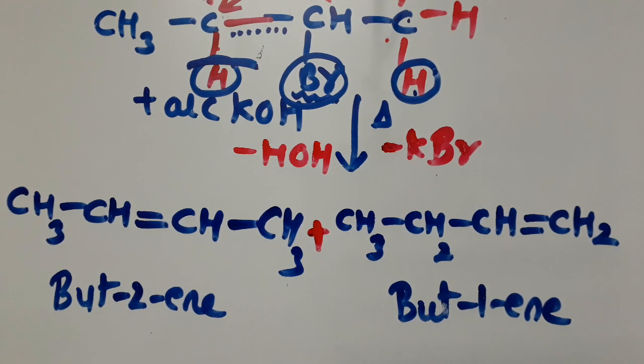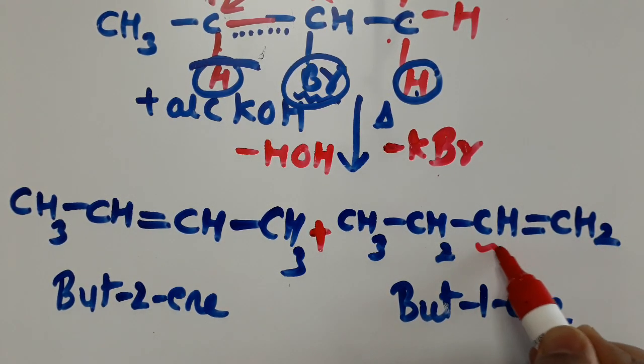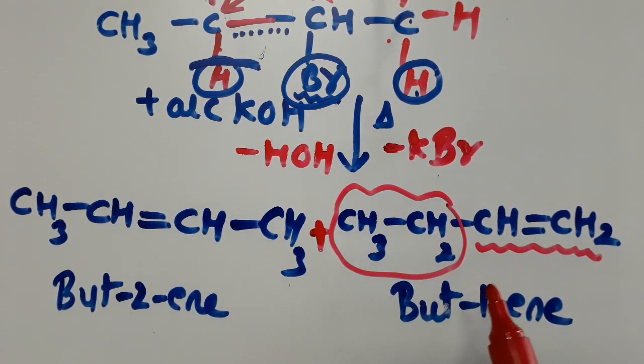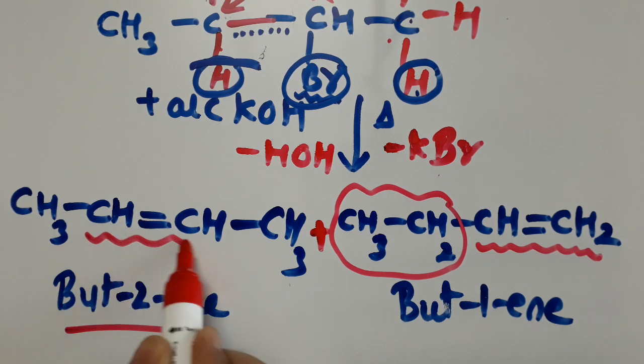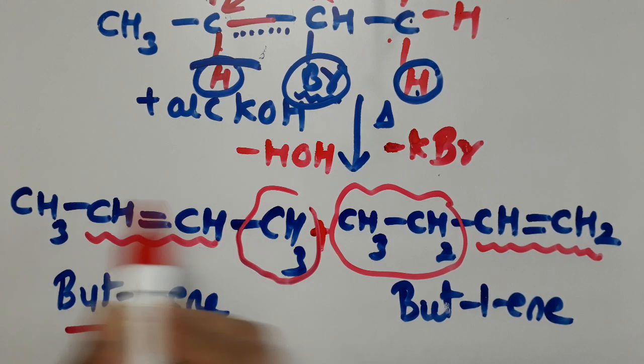In this case, in the first case, but-1-ene, the carbon-carbon double bond is there, and we have only one alkyl group attached. But if you see but-2-ene, around the carbon-carbon double bond there are two alkyl groups attached.